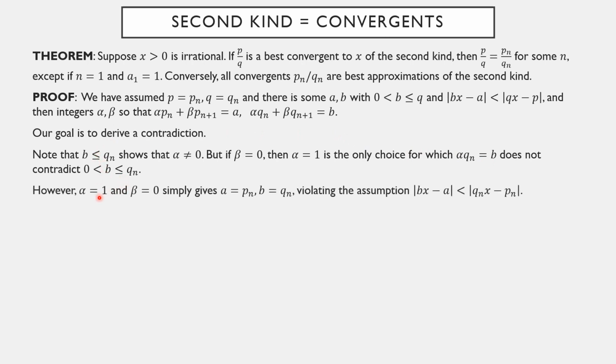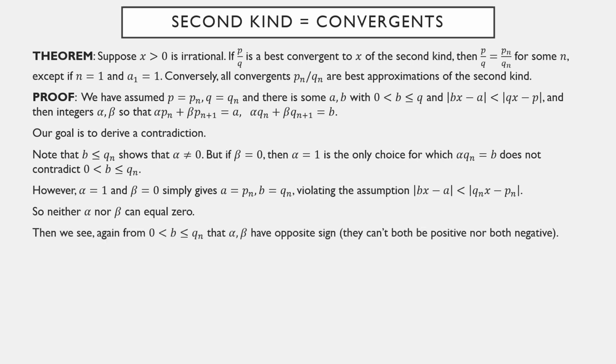But if alpha equals 1 and beta equals 0, that simply gives us that a is equal to pn and b is equal to qn, but our assumption was that |bx - a| was strictly smaller than |qx - p|. So that violates the assumption, because remember that p was pn and q was qn, so we can't just have them be equal. Okay, so alpha can't be 0 and beta can't be 0.